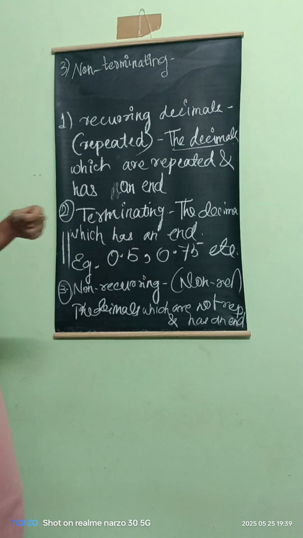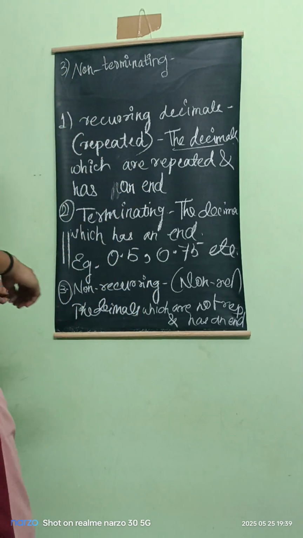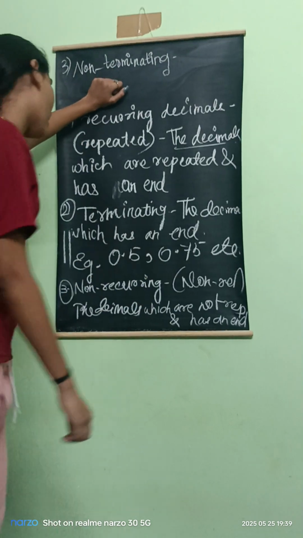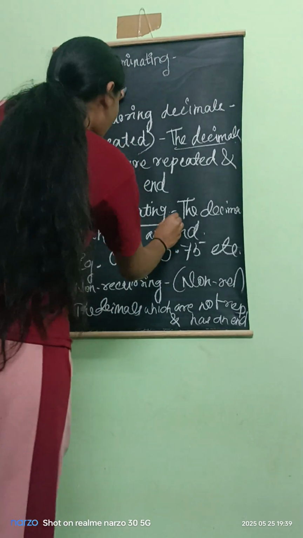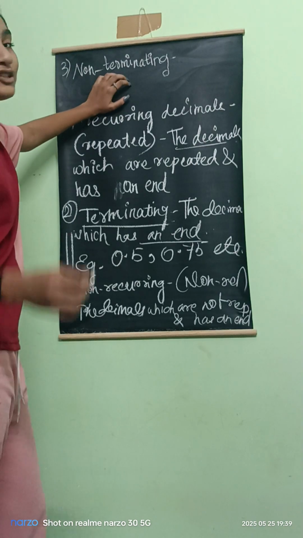Would you say at least the definition of this? Yeah, I will say it. So the definition for non-terminating decimals: here in terminating they are given it has an end, but here they don't have an end.